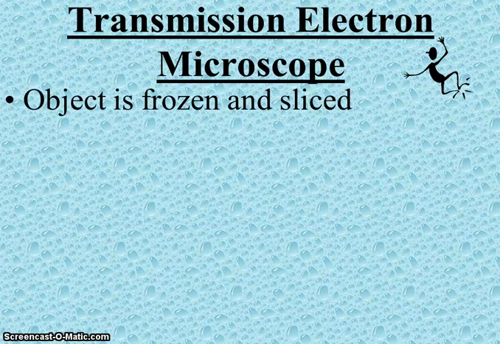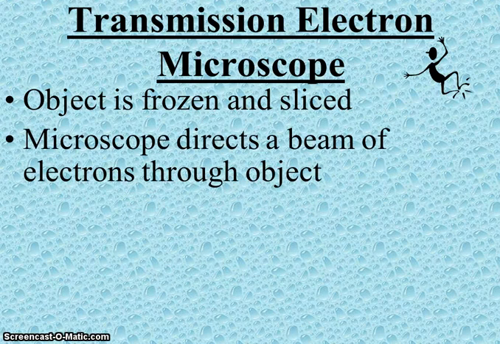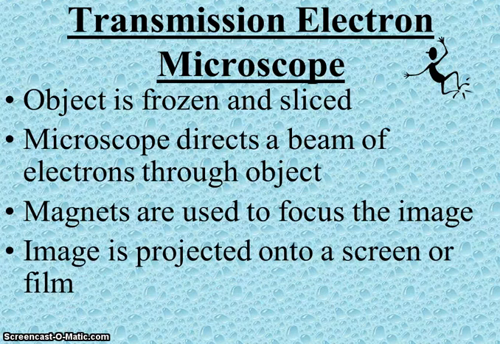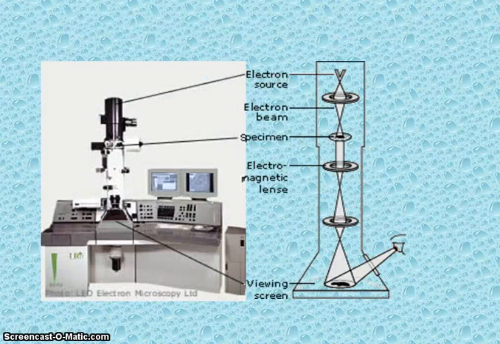So for a transmission electron microscope, we need to freeze the object, slice it into very, very thin sections, and put a beam of electrons through the object. Electrons need to be focused in with magnets, and then it gets projected onto a screen. Okay, so as far as the procedure, that is what it would look like. The object has to be frozen, so nothing can be living.